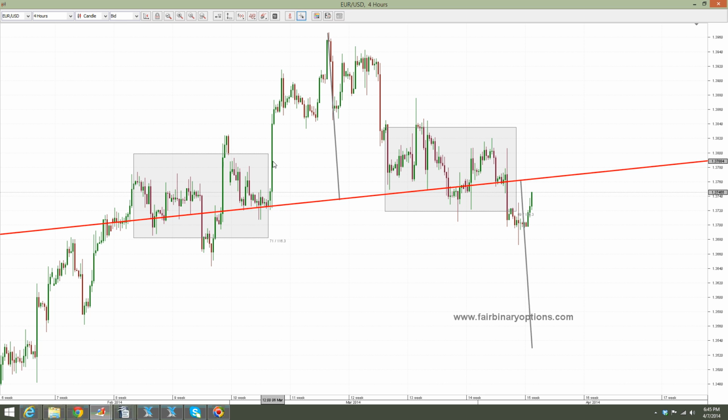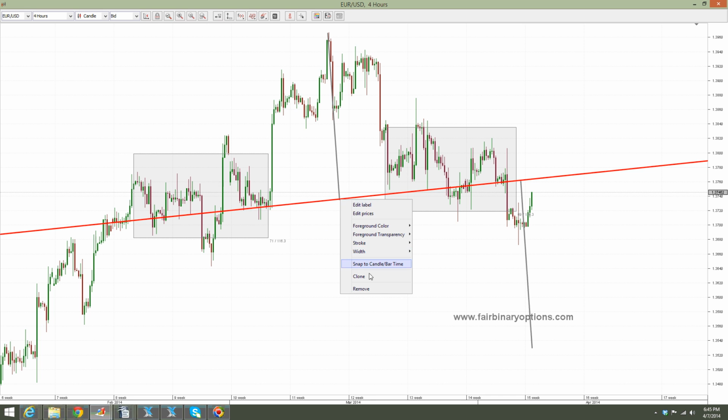What I would like to do is to see this neckline retested, and not look for exactly the same resistance level and break to the downside from there, but look mostly for the following.